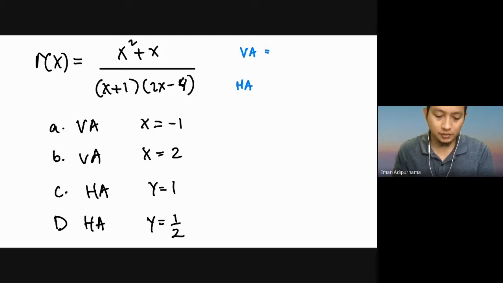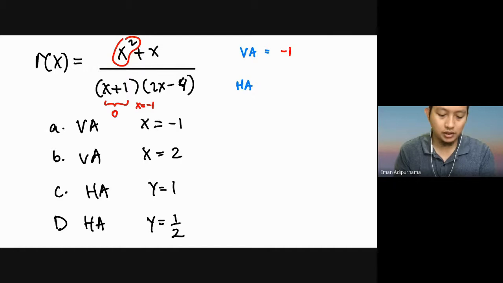And the vertical asymptote, if we look at this, when it's 0, then x is minus 1. Oh, this is the vertical asymptote. And then there is x squared here, and there is nothing here, so maybe this is also y equals 1.